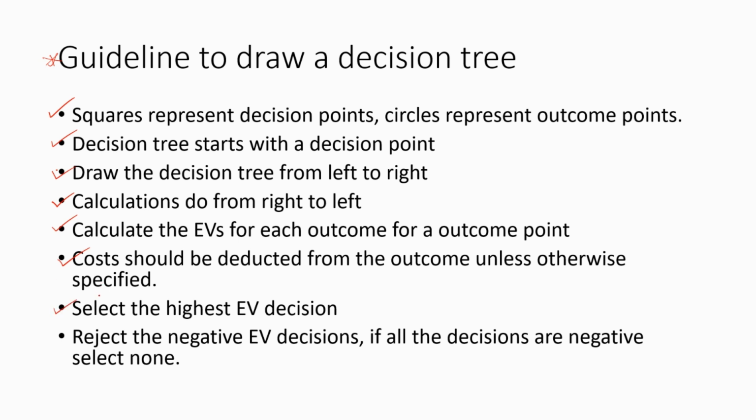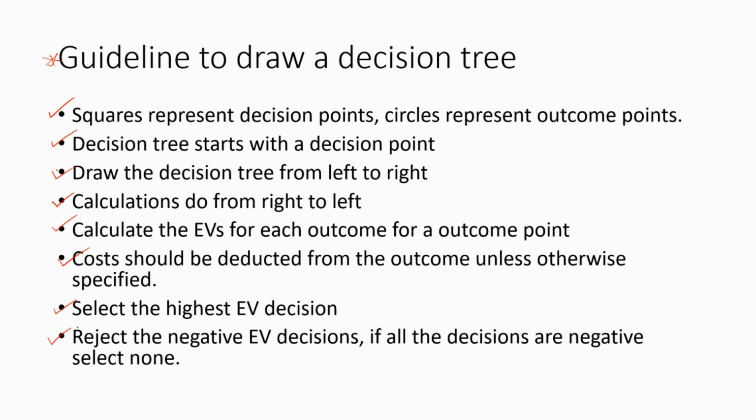Select the highest expected value decision. Reject the negative expected value decisions. If all the decisions are negative, select none. This means if all the decisions have negative expected values, you don't have to select any decision, because all of the outcomes will give us a negative expected value. We don't need that.